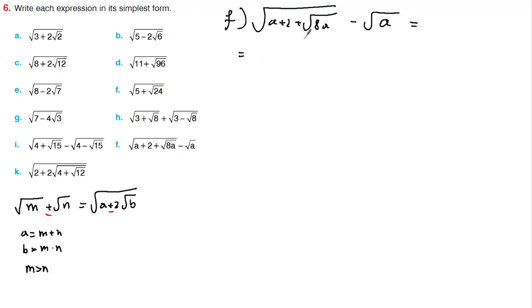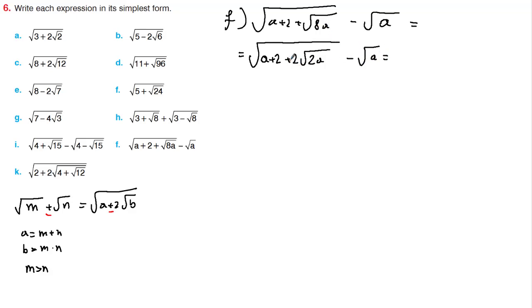So this root is not of this form. Obviously, the coefficient 2 is missing in front. So let's try to get that 2 as a coefficient in front of the root inside the radical sign. So a plus 2 root of 2a. Why? I just separated this 8 as 4 times 2, minus root of a.